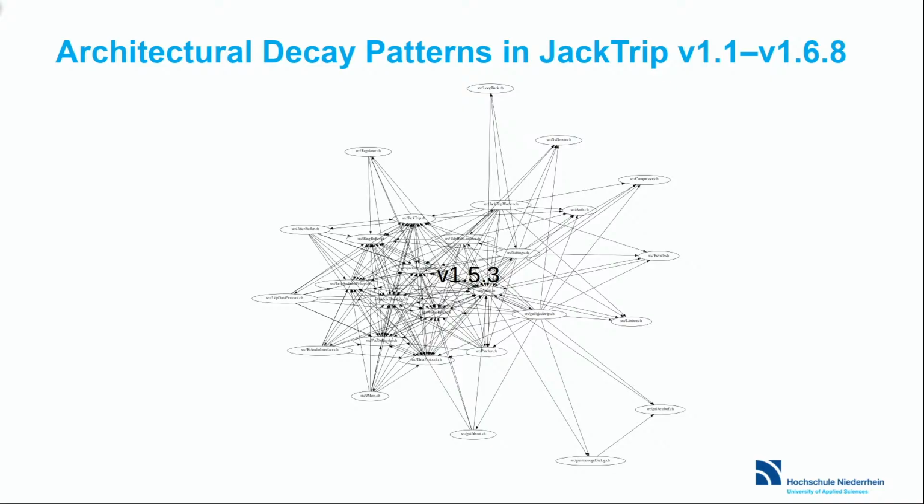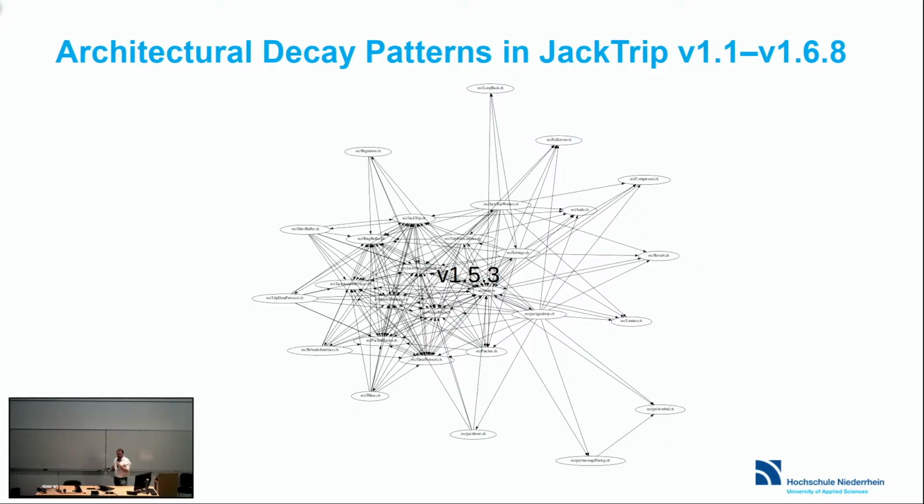First, let's have a look at JackTrip's architecture before the Virtual Studio feature was integrated, version 1.5.3. In the visualization, source code files are represented as circles, and the dependencies appear as lines with arrows pointing to the other files which the file is dependent on.